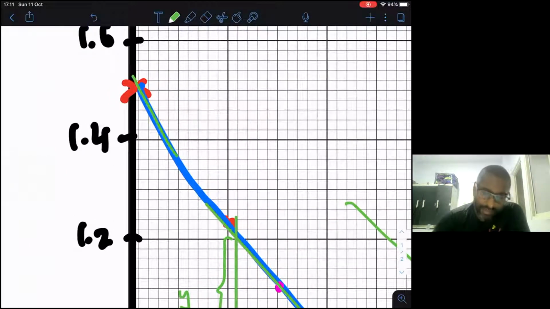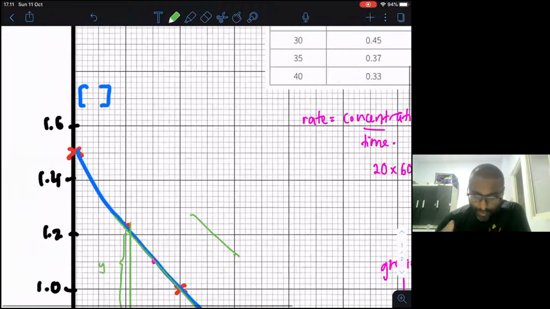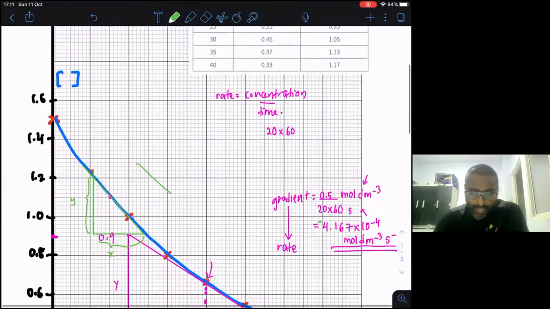We will use initial rate to find out the initial rate for each reaction. It's a similar way: we draw a tangent where it touches at this particular point at the beginning, when time is 0.